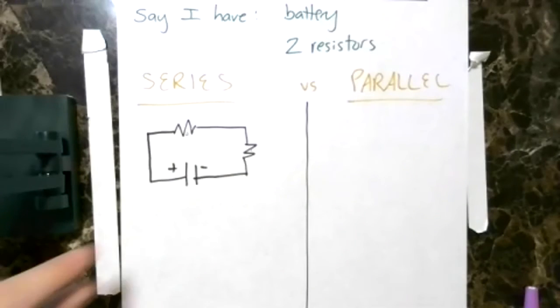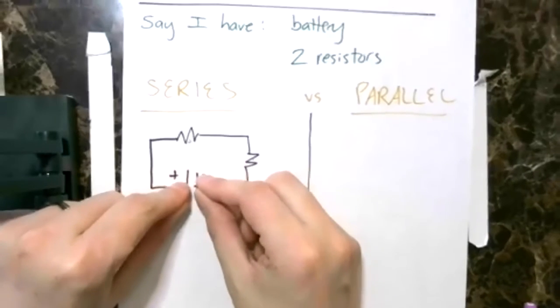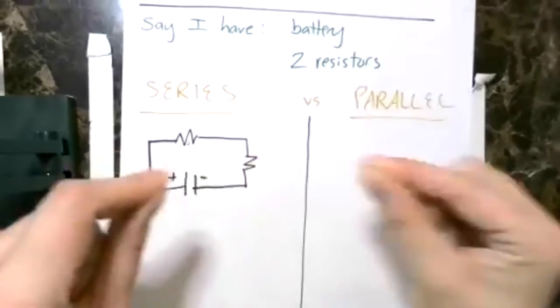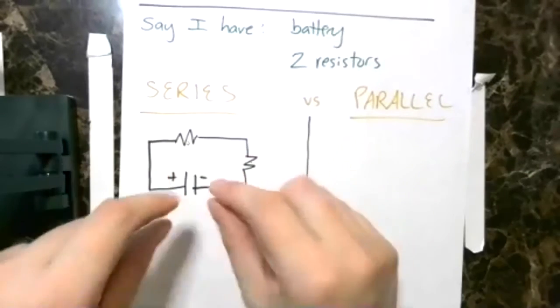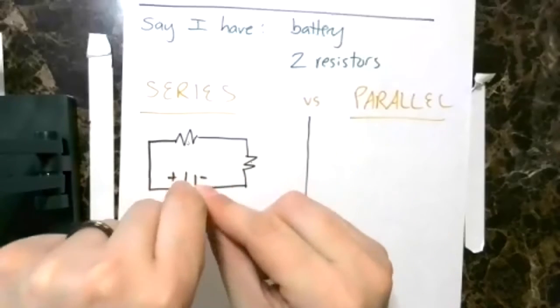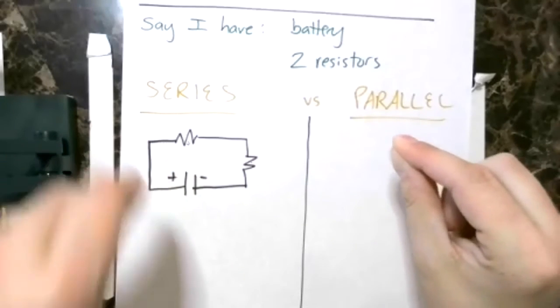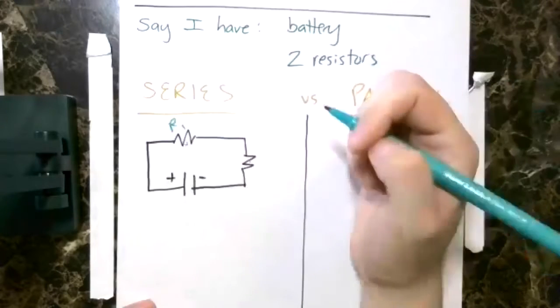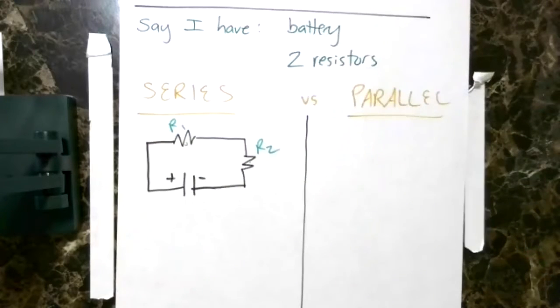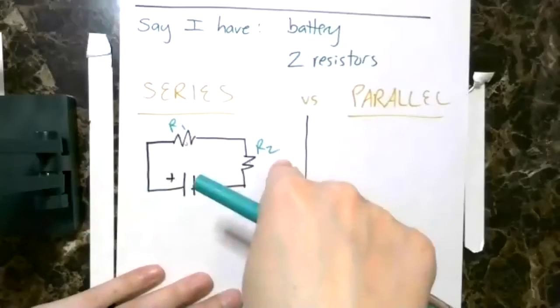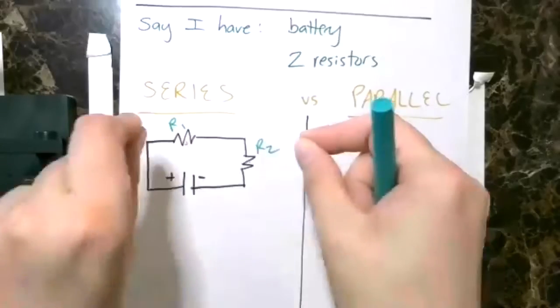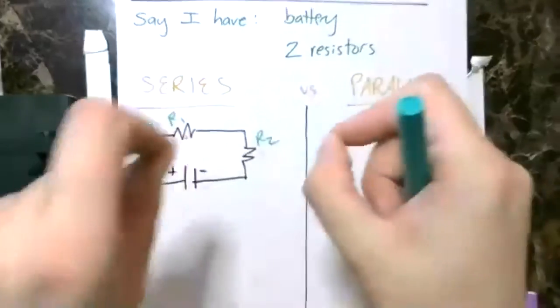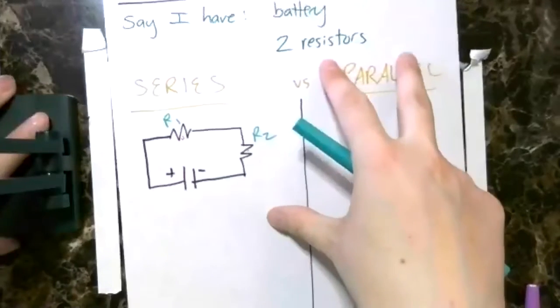If you were to take the wires connected to the battery and pull them apart so that you have basically just a flat wire, R1 and R2 are one right after the other, sequential, if you pull it apart and hold it so it's just one linear wire.